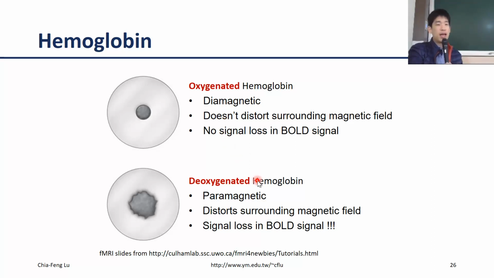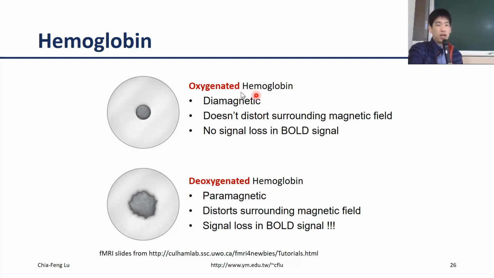But the deoxygenated hemoglobin is something that has a paramagnetic property. Para, that means it will change, or we say specifically, it will distort the surrounding magnetic field. So it can cause changes in your brain or in the MRI environment.